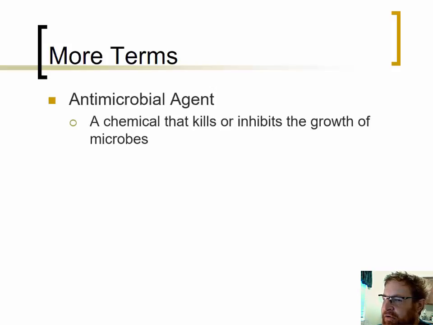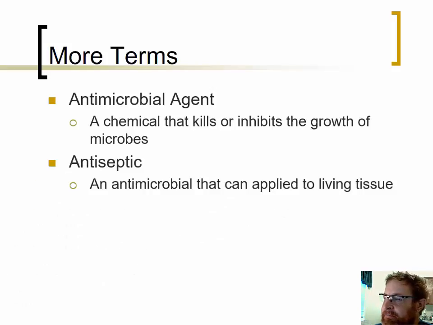Okay, a few more terms. An antimicrobial agent. So an antimicrobial agent is any chemical that will kill or inhibit the growth of microbes. Antimicrobial agent is a broader term and is anything that will kill or inhibit the growth of those microbes.